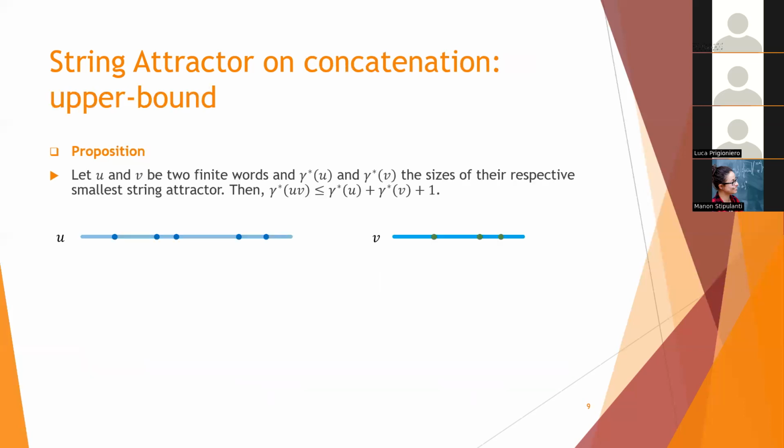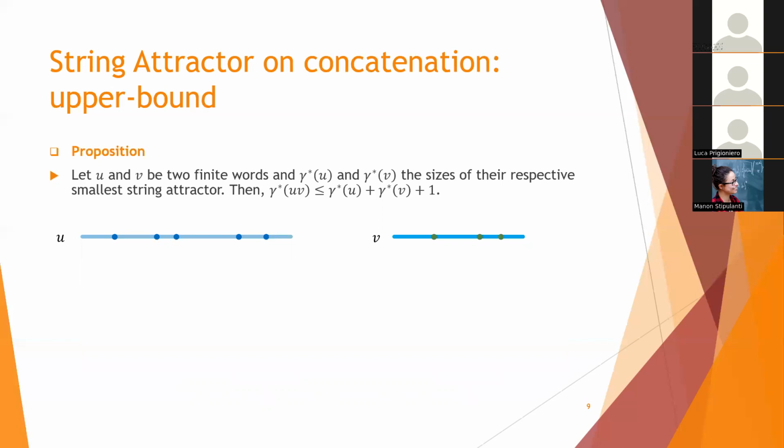So what about the concatenation? In this case, we also have an intuitive upper bound. Given two finite words U and V, and the respective sizes of their smallest string attractors, the size of the smallest string attractor for the concatenation is at most gamma star of U plus gamma star of V plus 1.